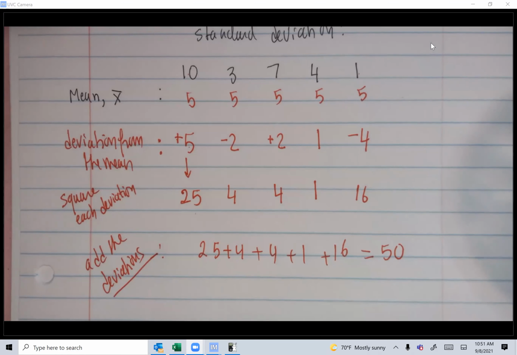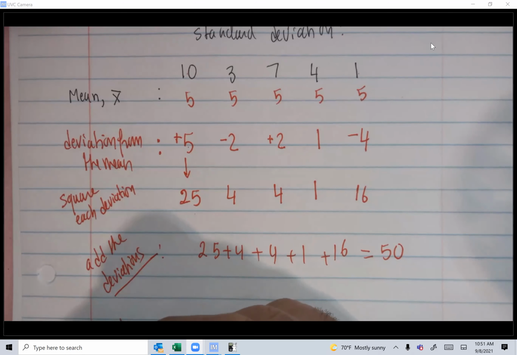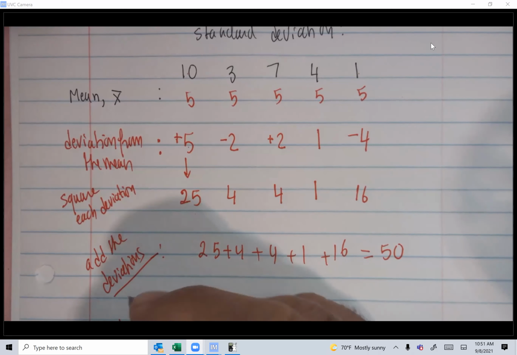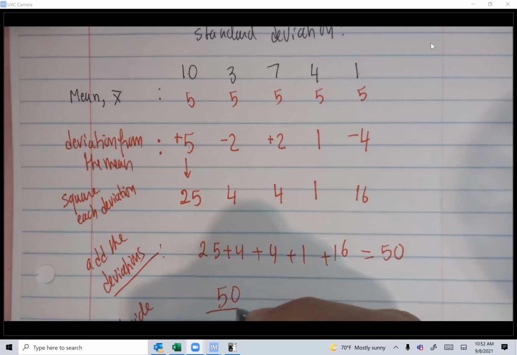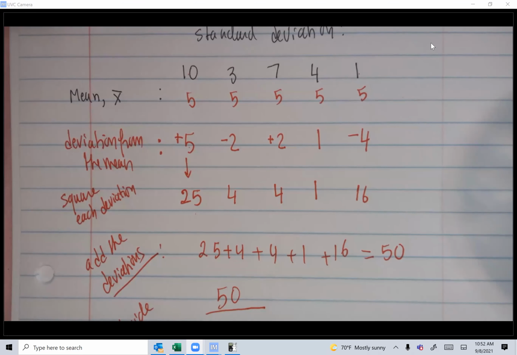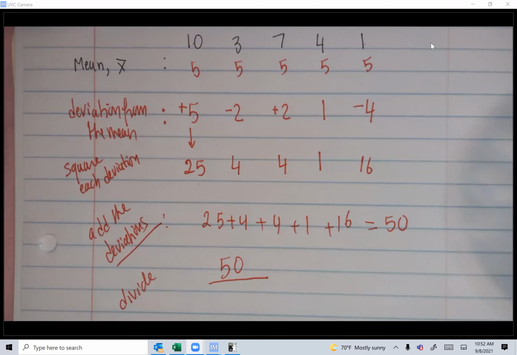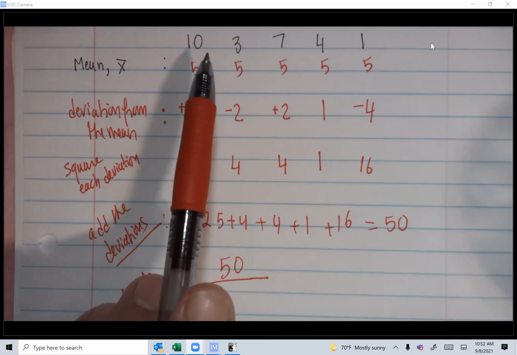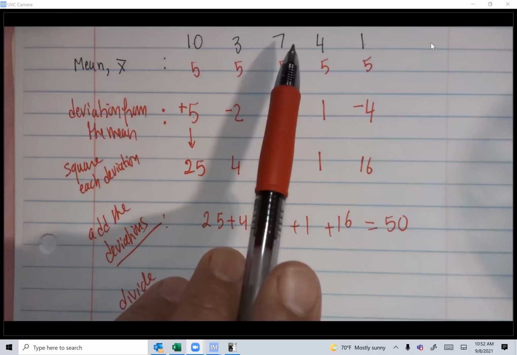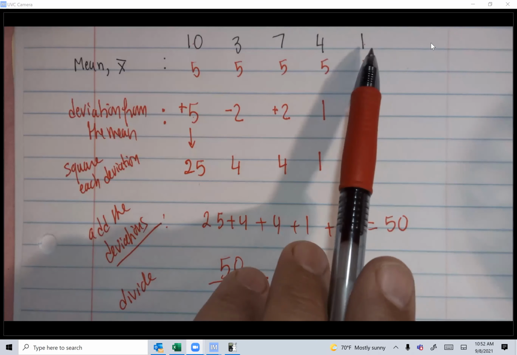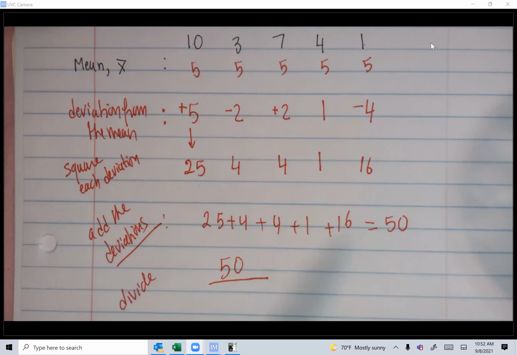Okay. Divide 50 by the number of observations minus 1. How many observations do we have, guys, here? 1, 2, 3, 4, 5. 5 minus 1 will be 4.